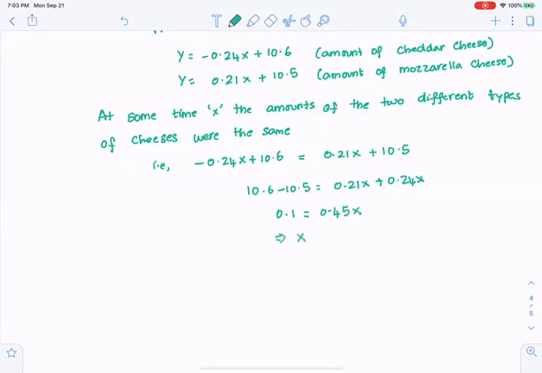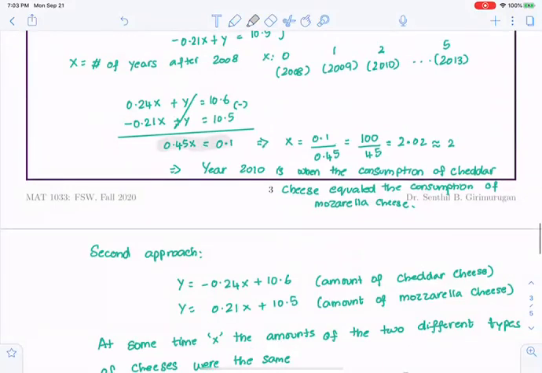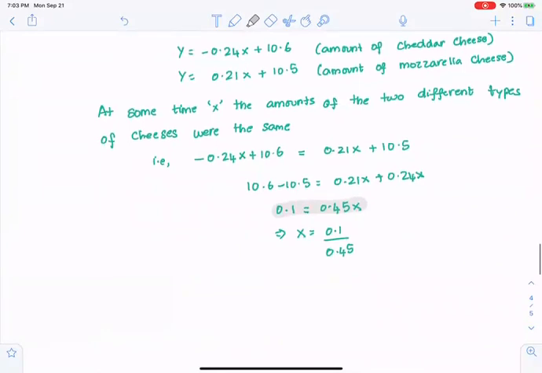We can solve for x, which should simply be 0.1 over 0.45. You can say that this number is exactly the same thing that we had over there. So this approach is a bit easier than the other one. So the answer again would be approximately 2 years since 2008, which would mean the year 2010.